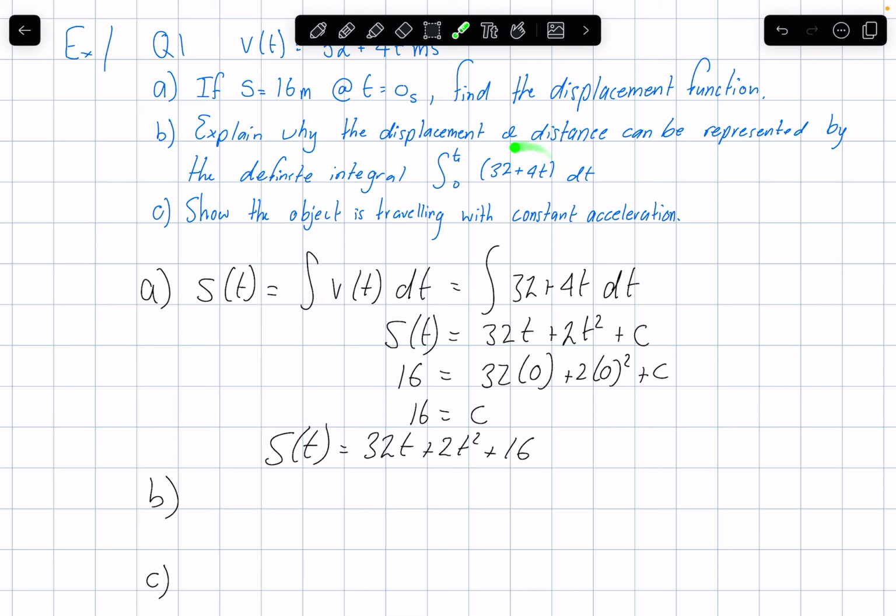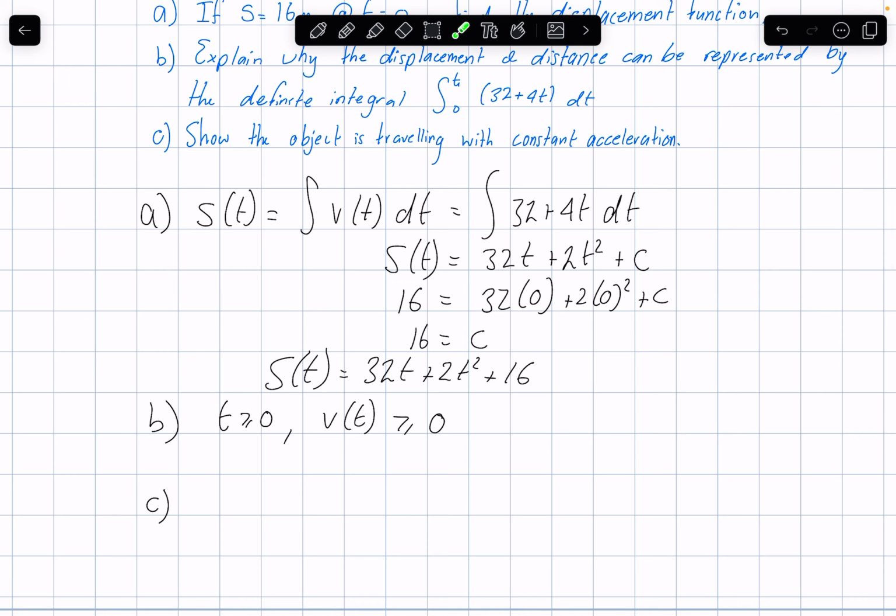Now, if I graph 32 plus 4t, for t greater than 0, v of t is always greater than or equal to 0. So it's always positive, which means there's no negative distance to account for or negative displacement to account for. So it's always going to be positive, and that's why we can represent them both as the same integral.